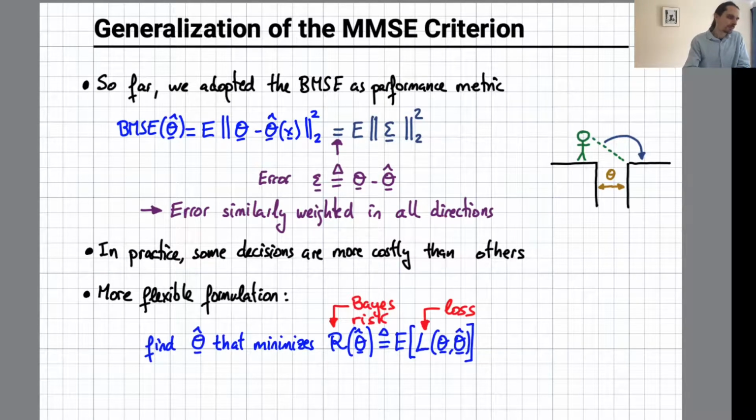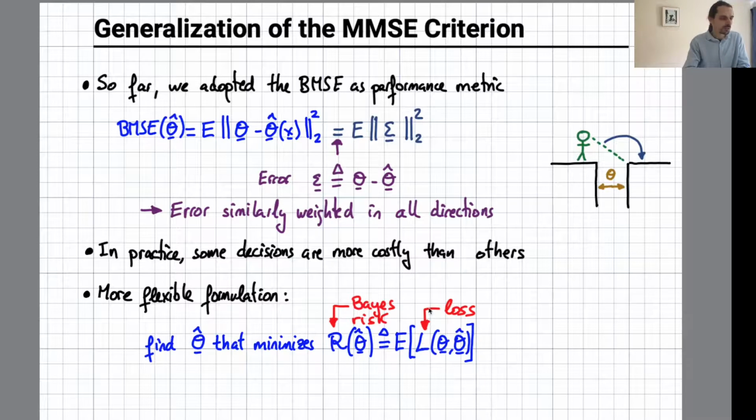Instead, it makes more sense to look into something more general, such as the so-called Bayes risk. The Bayes risk is defined as the expectation of a loss function that in principle we are free to choose to suit the needs of our problem.